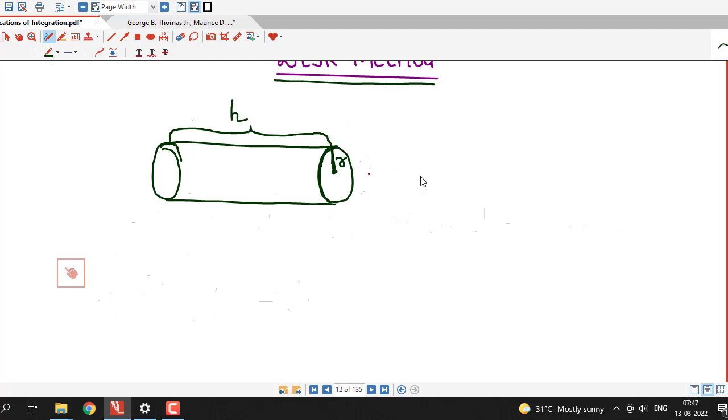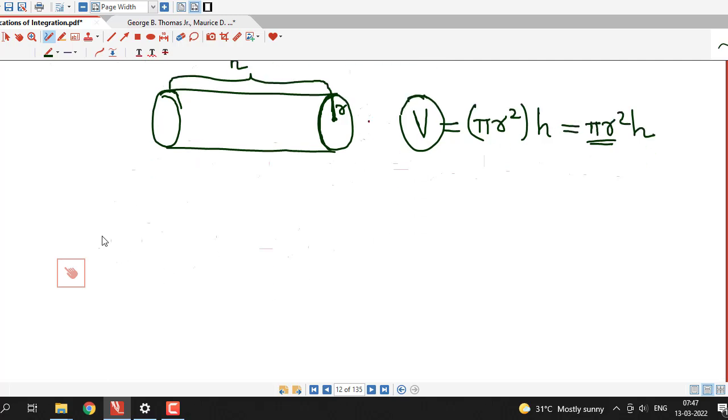So we know that volume V of cylinder is given by base area, which is area of the circle with radius r, and it is pi r square, times height of the cylinder, which is h. So this is going to be pi r square h. We will remember this formula. We will require this formula whenever we have cylindrical shape.